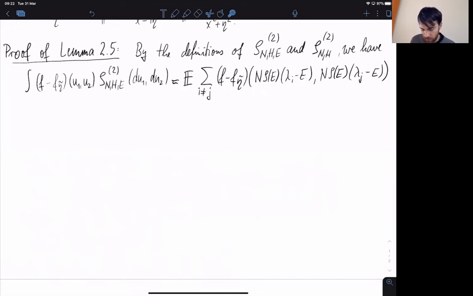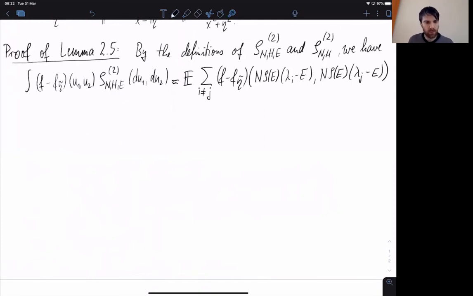And then the 2-point intensity measure was defined as this expectation of the sum over distinct indices. Now we just have 2, so i and j are different. And then here's the observable that you had, f, which you evaluated at these 2 arguments.